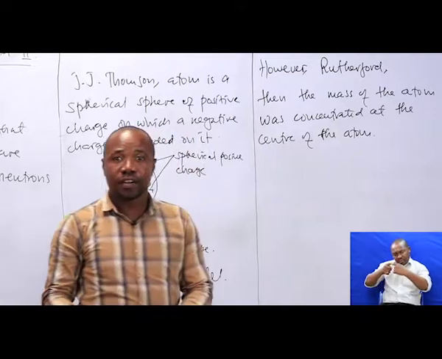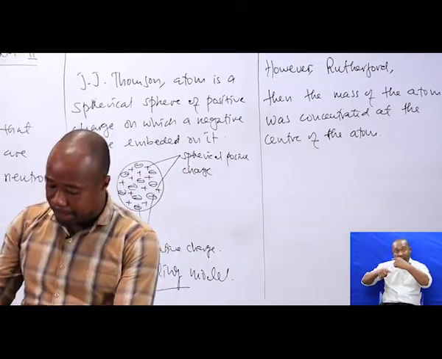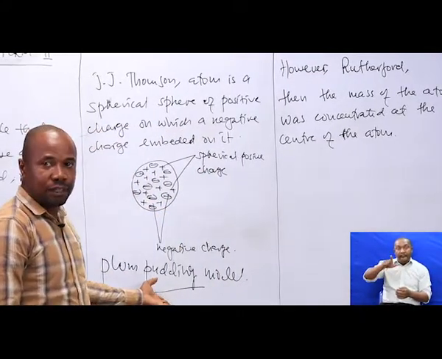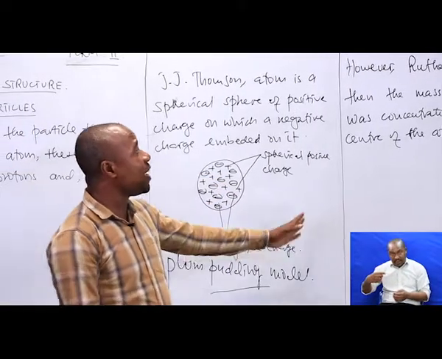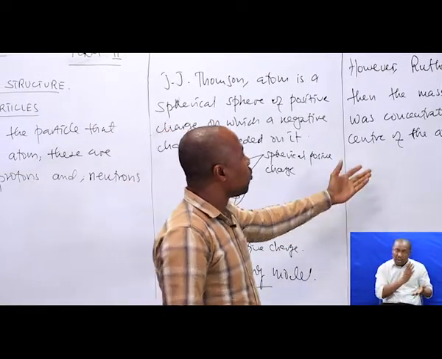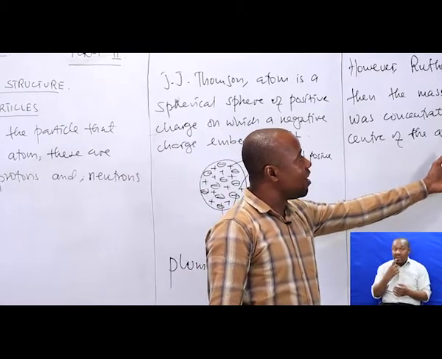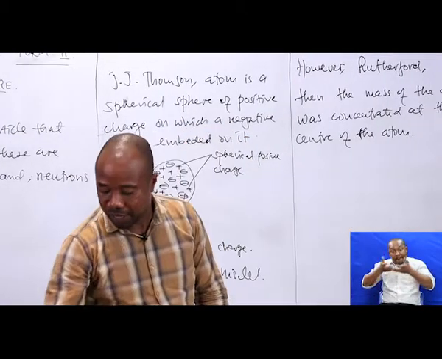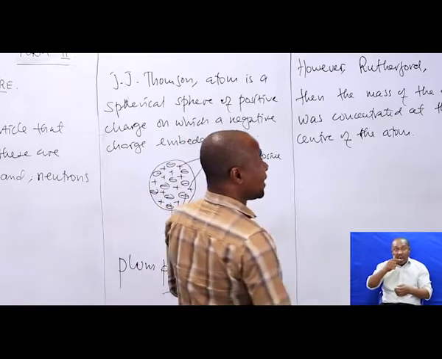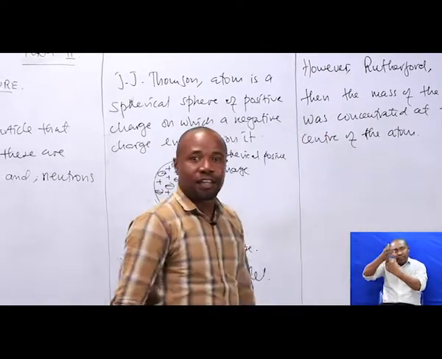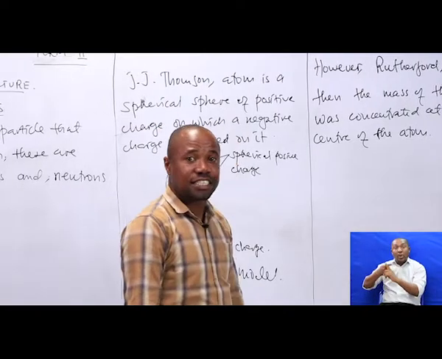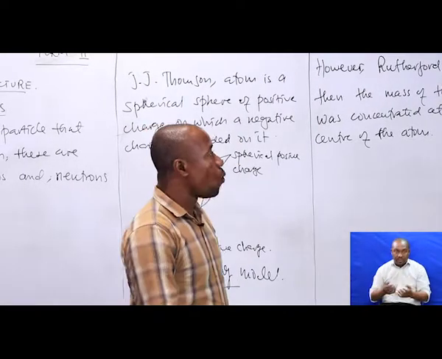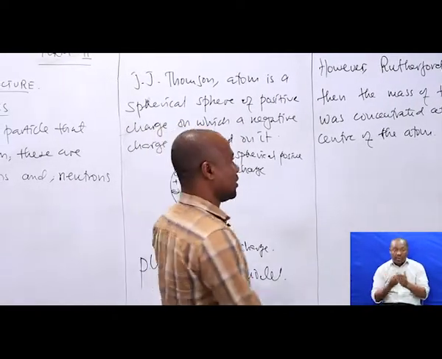If the plum pudding was correct, but it is not like that, the mass of the atom was concentrated at the center. And he said at the center of that atom there is a positive charge, together within the nucleus.